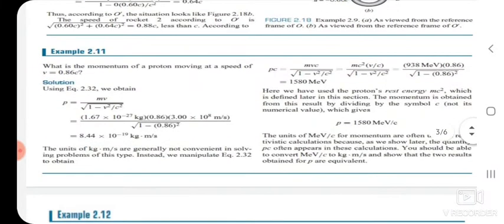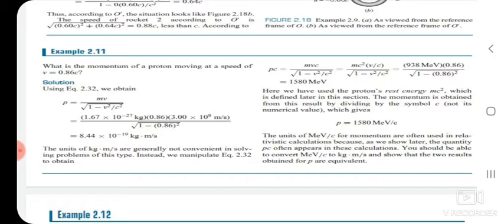Next, in the second problem, what is the momentum of a proton moving at a speed of v equal to 0.86 times c? Momentum is equal to mv by square root of 1 minus v square by c square. We know the velocity or the speed of the proton. After that, we know the mass of the proton and velocity.